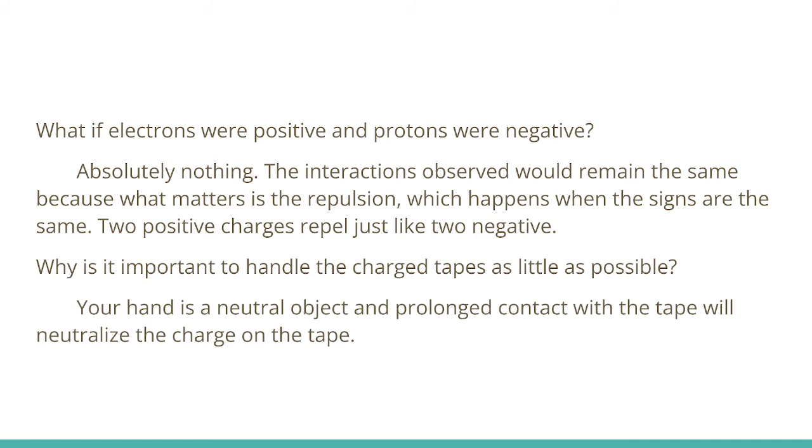And as a side note, I believe it is pretty much arbitrary, the fact that we have decided that electrons are negative and protons are positive. But especially if we're doing a 1-to-1 flip, nothing changes here. Because two negatives are going to repel just the same as two positives are. And so our nomenclature doesn't affect the real world.